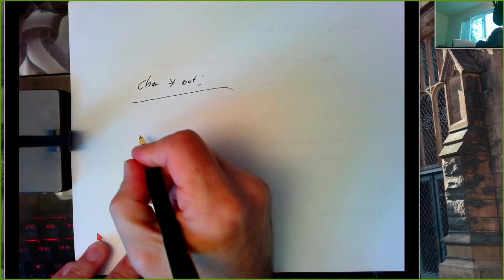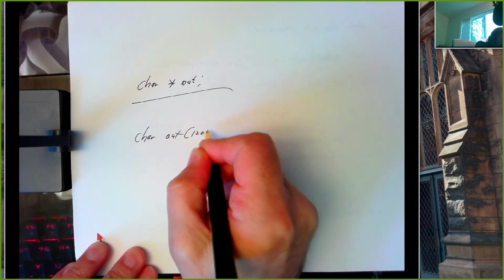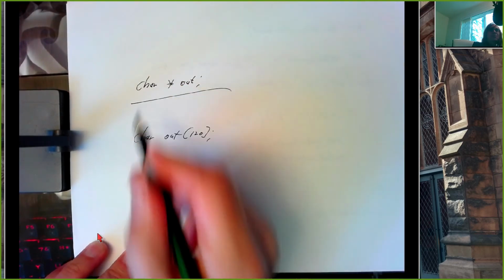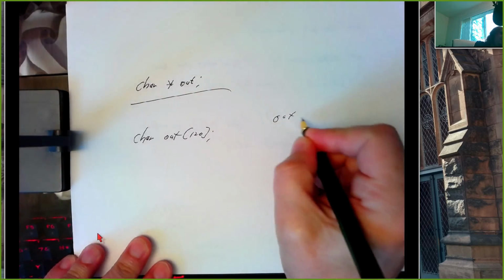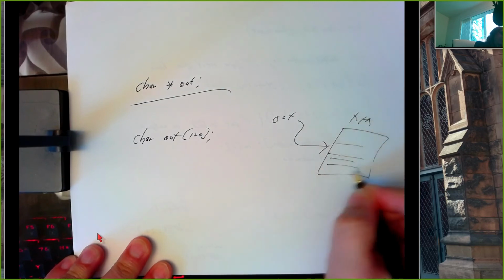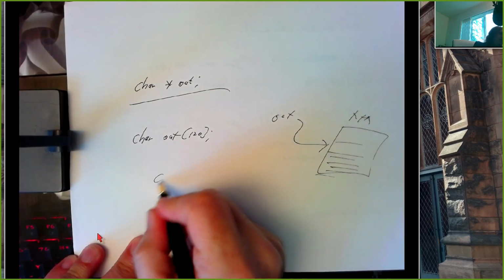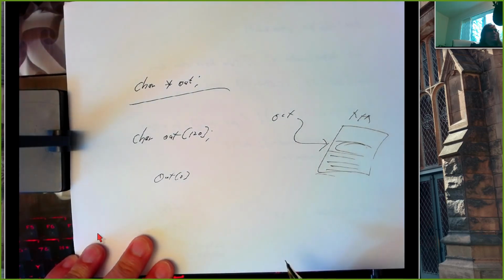Now if I say char out bracket 120, out is still a pointer to a character, but it's also initializing out to point to somewhere in memory where there's 120 bytes available. And now if I look at out bracket 0, I'm looking at this location in memory.